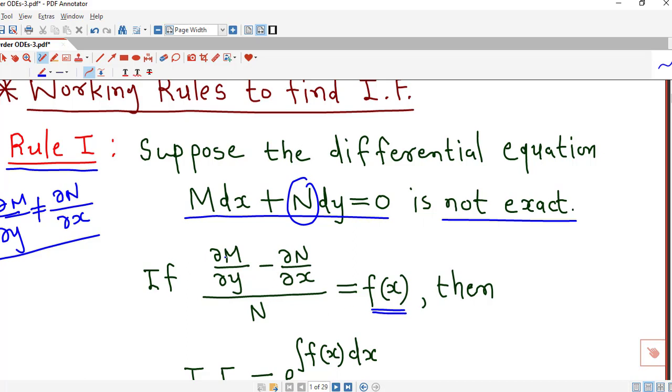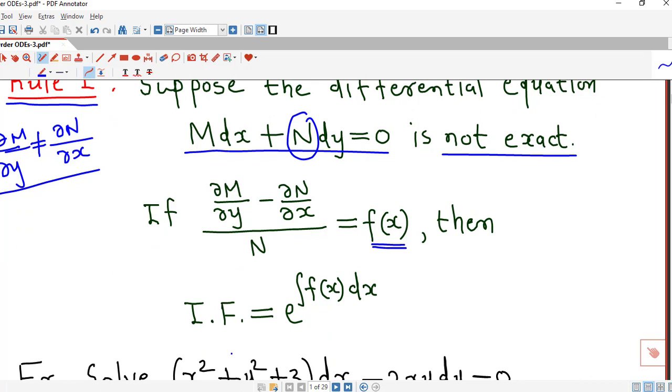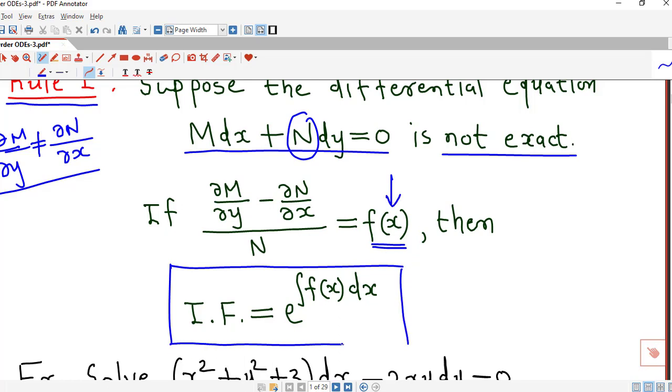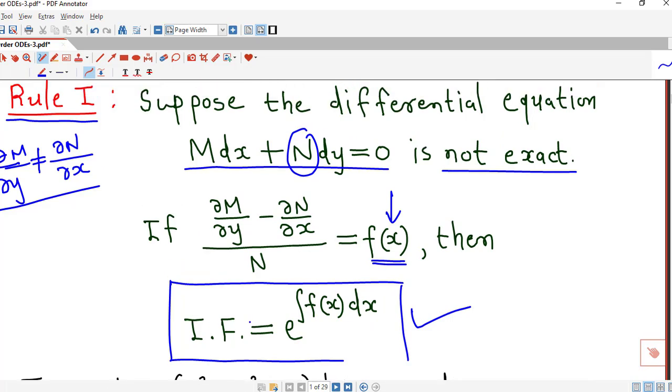If del M by del y minus del N by del x, divided by the coefficient of dy, which is capital N, equals a function of x only, then we will remember that the integrating factor is given by e to the power integral of this function with respect to x, and then we will multiply our equation by this integrating factor and our equation will become exact. So this is the first working rule to find an integrating factor.